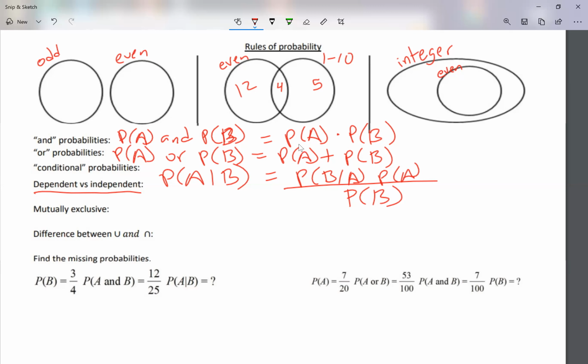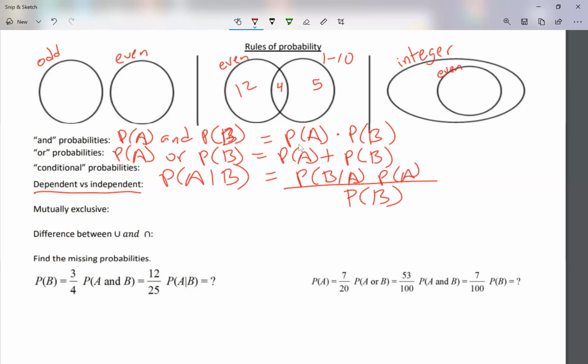For example, let's think of rolling two dice. I roll one die and get 1 through 6. Whatever I get on the first die does not affect the second die. That's what we call independent. Now, dependent: the probability of one event does affect the probability of the second event.